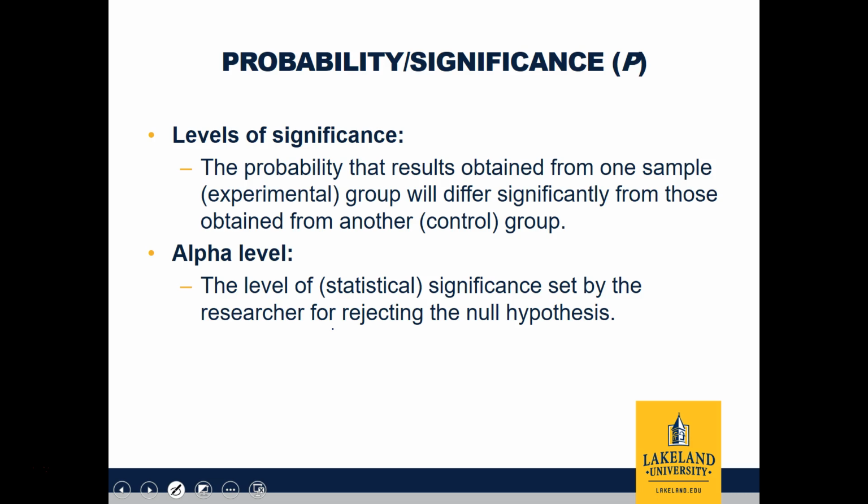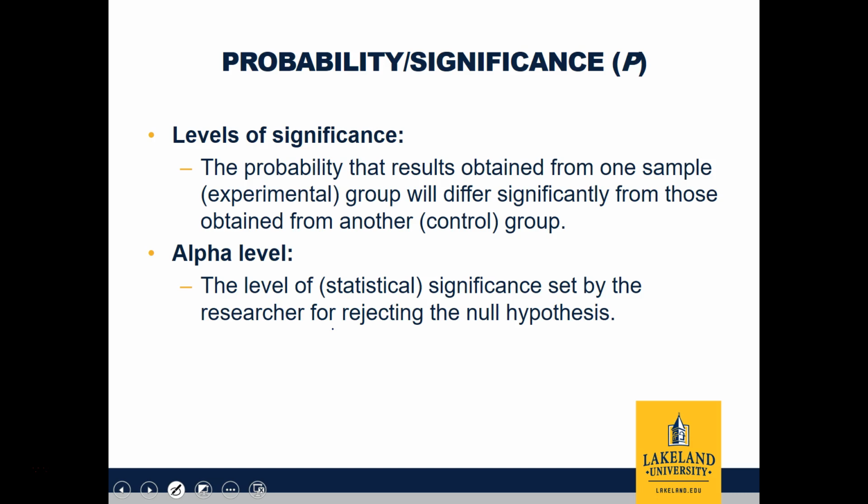So, probability and significance. Essentially, when we do hypothesis testing, where we get that data, this Pearson correlation, and then talk about inferring that to the inferential sample, we talk about the probability of that differing between the experimental and control group.